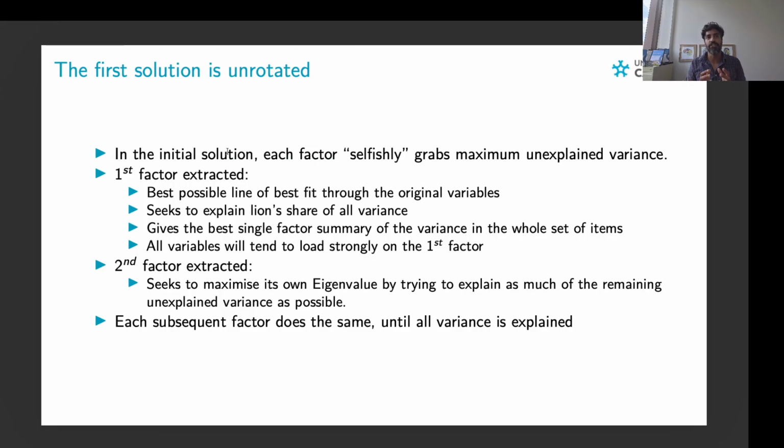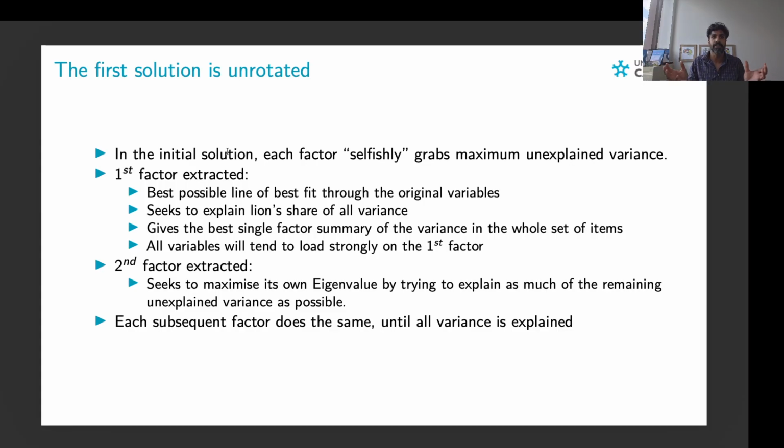So in the initial solution, what this means is each factor selfishly grabs the maximum amount of unexplained variance. So you have the first factor that's extracted, the best possible line of best fit through the original variables, and it seeks to explain the maximum amount of variance that's there. It gives the best single factor summary of the variance in the whole set of items.